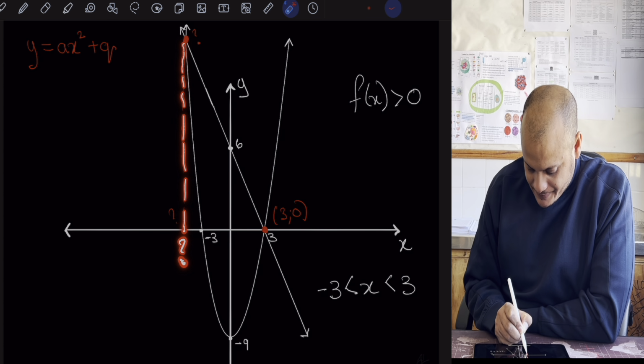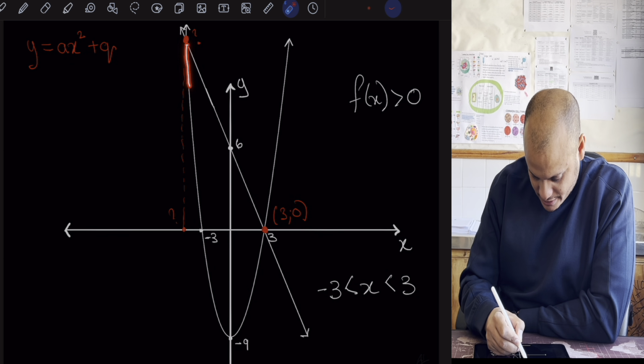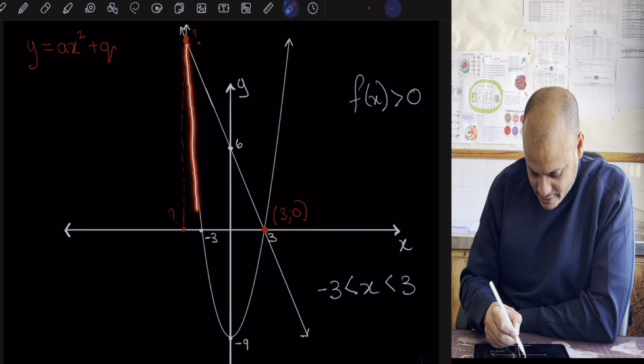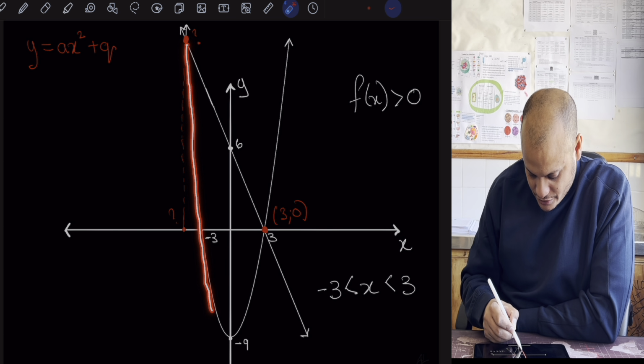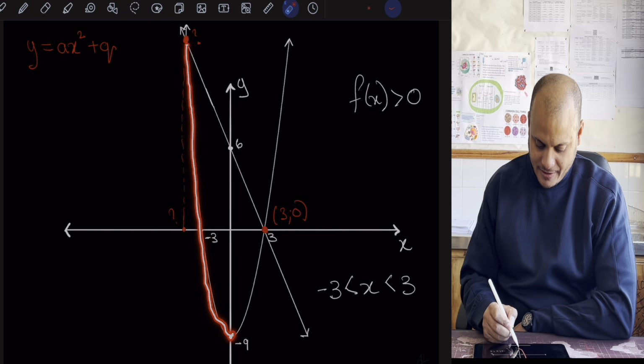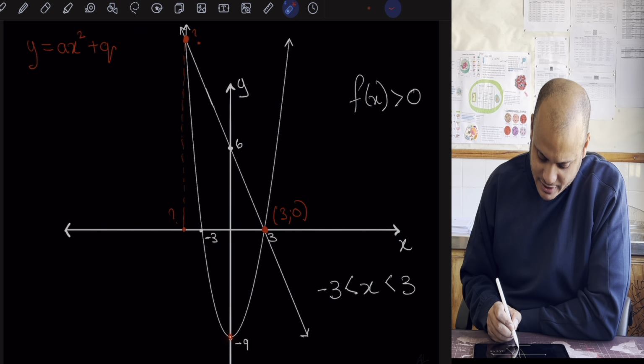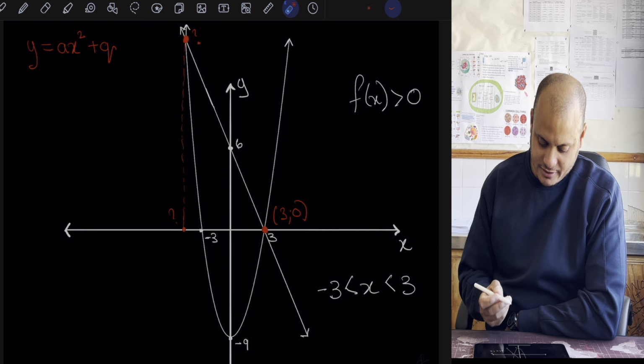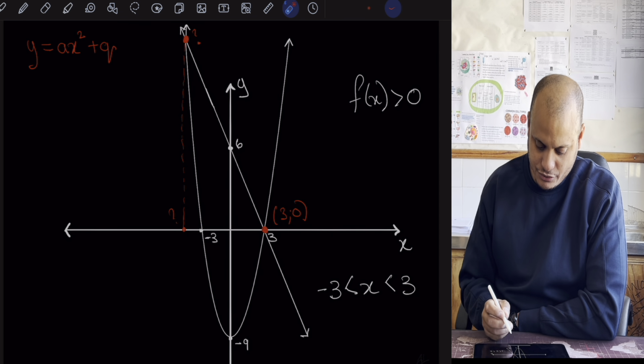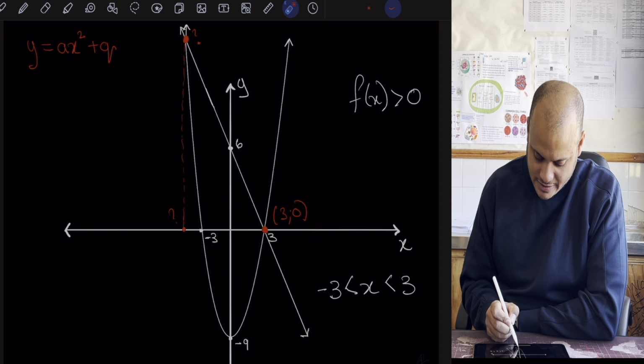So from this x value over here, our parabola, this portion here, is lying below the straight line all the way. At this point here, our parabola is also lying below. In fact, this turning point over here is a perfect point to illustrate this as an example.